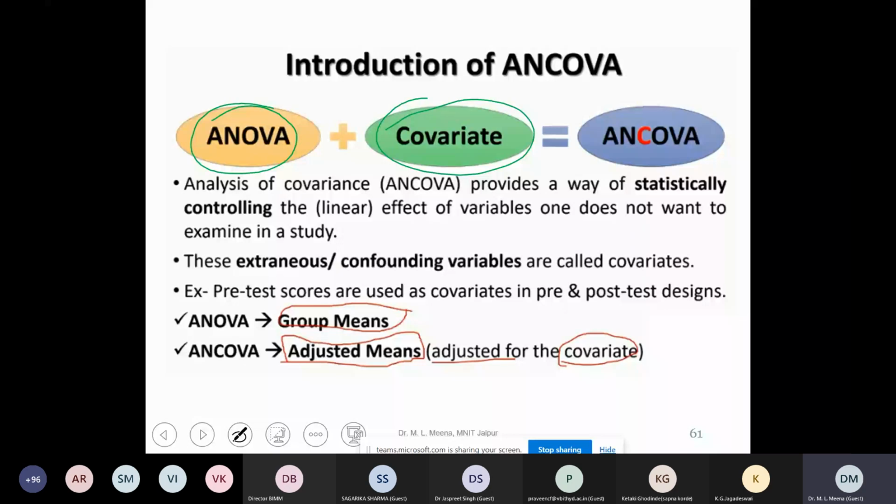Analysis of covariance provides a way of statistically controlling the linear effect of variables one does not want to examine in a study.